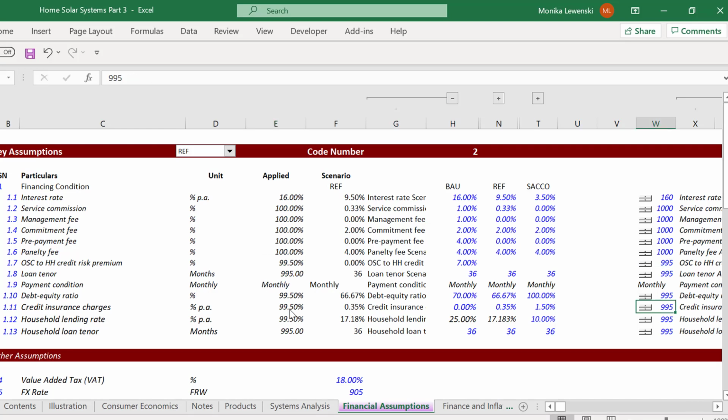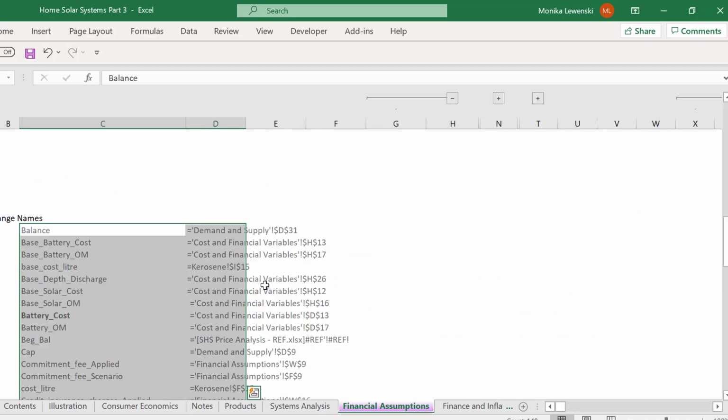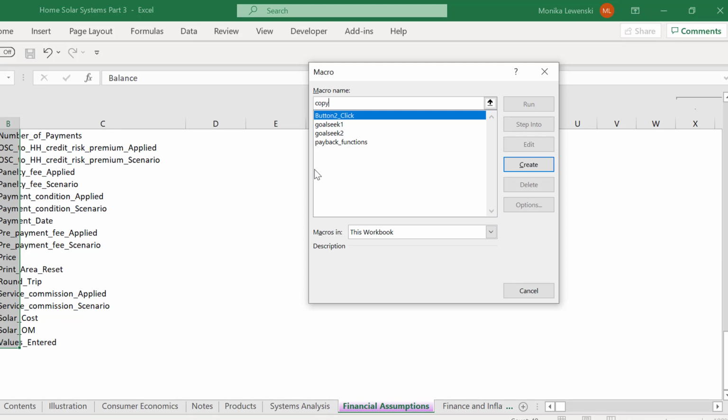The only thing to worry about is that whenever we attach a macro to this, and whenever we change this one, we're going to have the scenario copy to this one. So these range names are going to be copied. I'm now a big advocate of this; it's almost like the reset button, copy scenario.